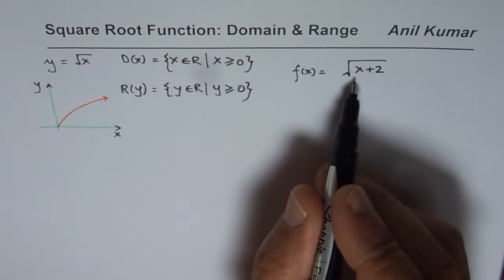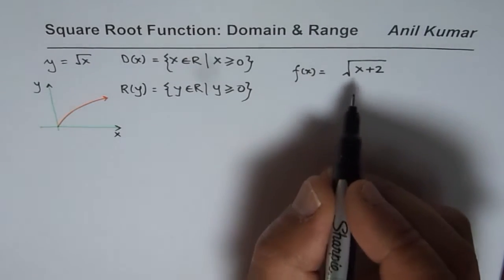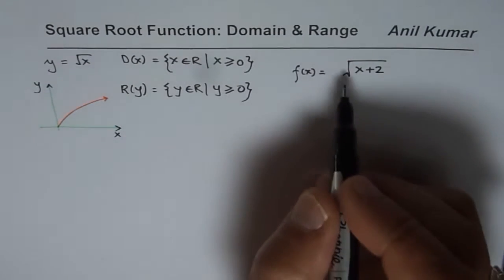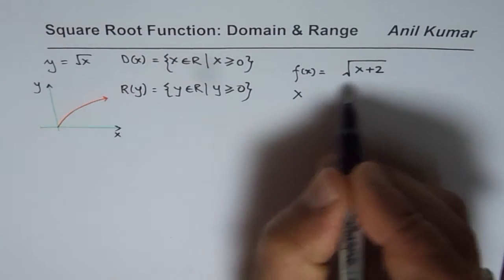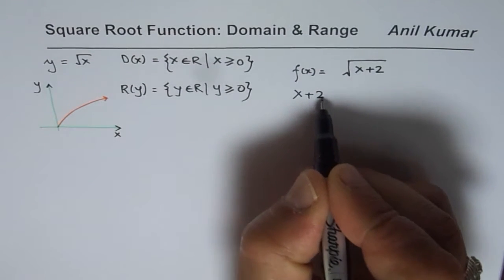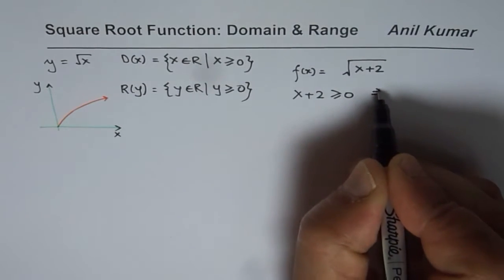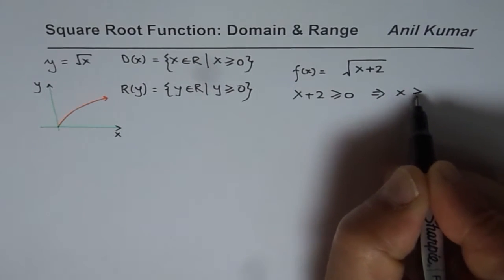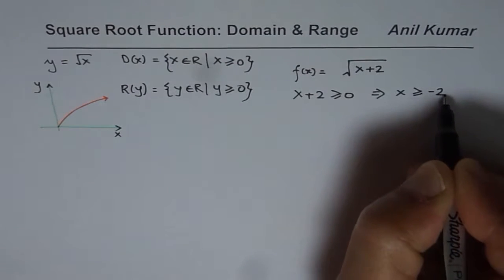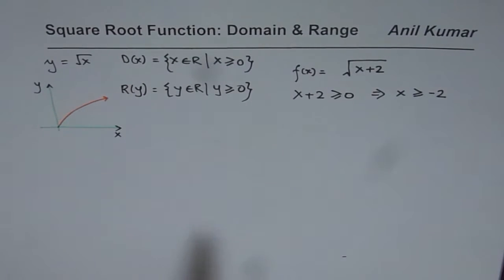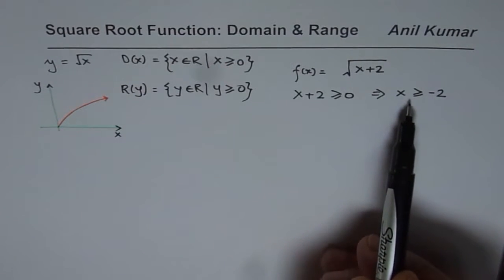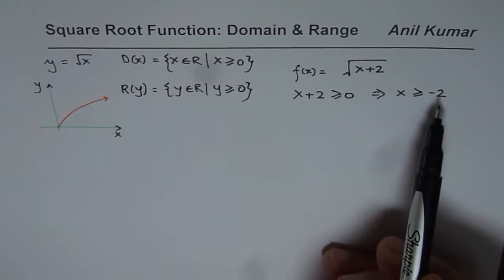To find the domain of this function, we can use inequalities. Within the square root, we know that x plus 2, this expression, should be greater than or equal to 0, and that gives you x greater than or equal to minus 2. And therefore, here the domain is going to change, and it is going to be x greater than or equal to minus 2, right?